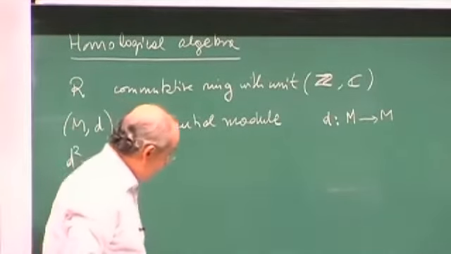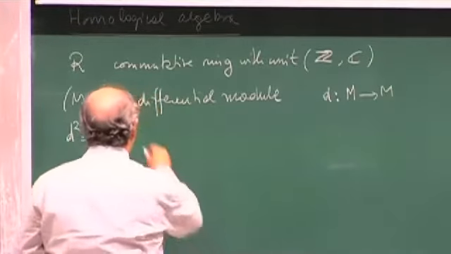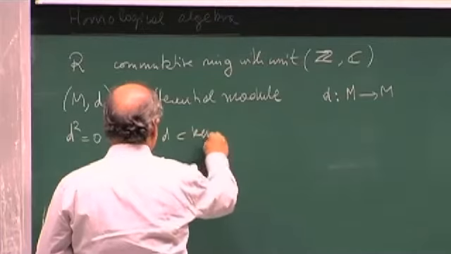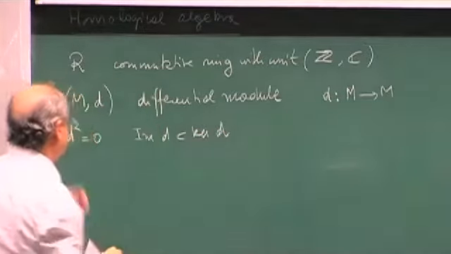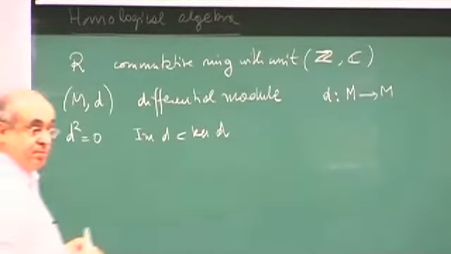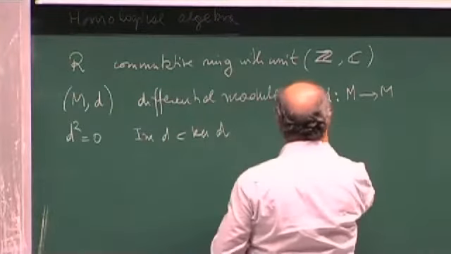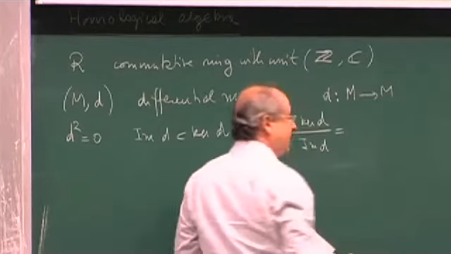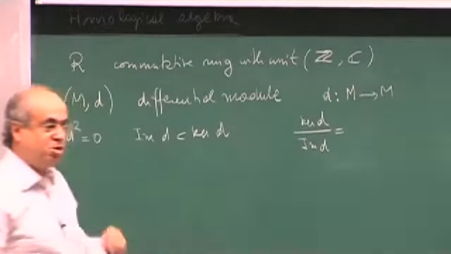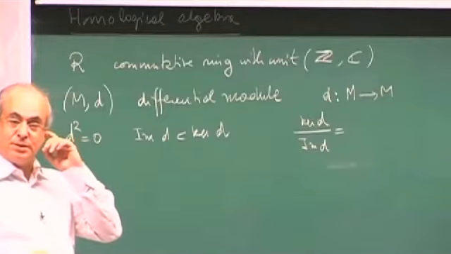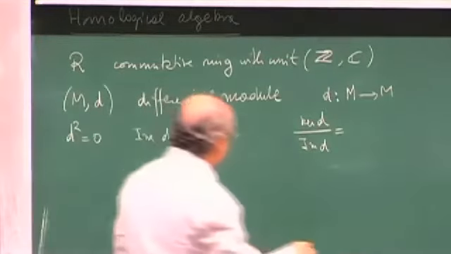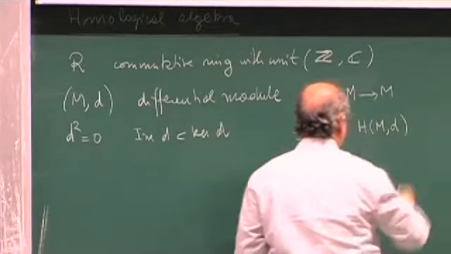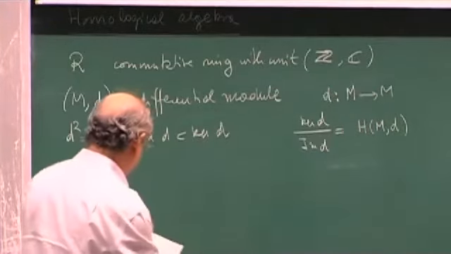Since the map squares to 0, its image is contained in its kernel, and therefore we may take a quotient. At this point, to say homology or cohomology makes no difference. Let me call it cohomology. And we may denote it like this.